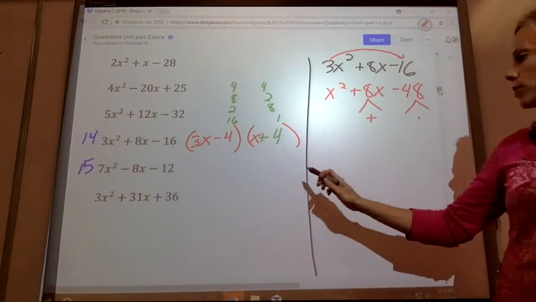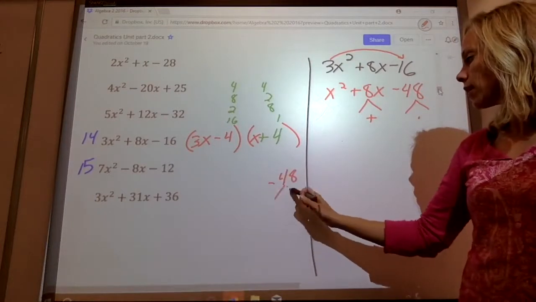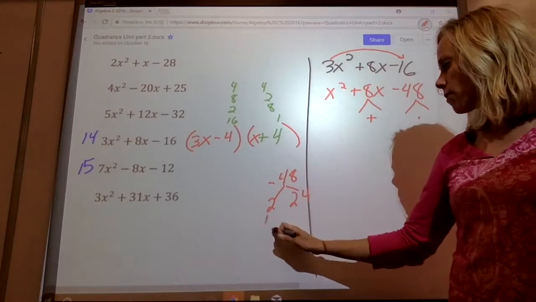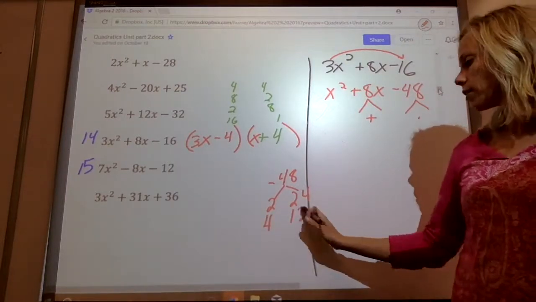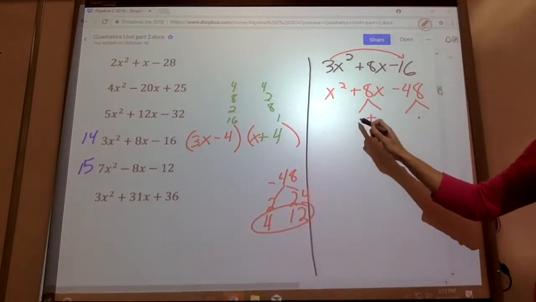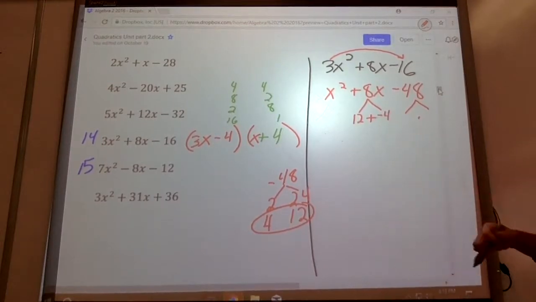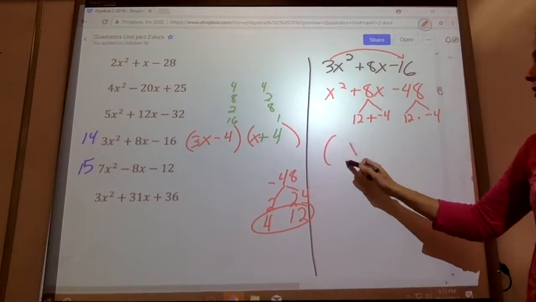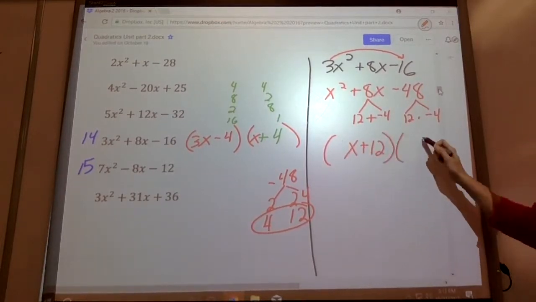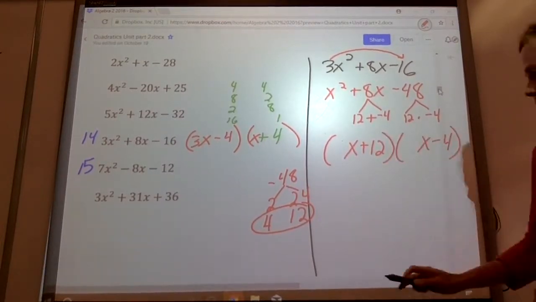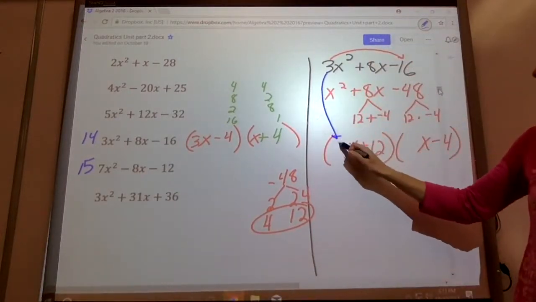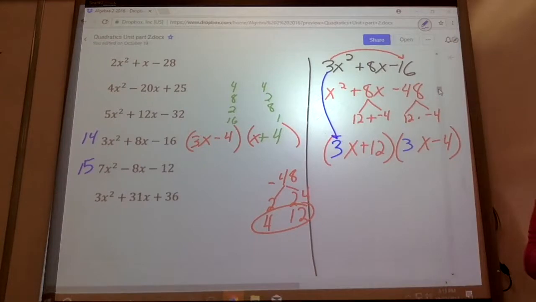So maybe you'd have to use a factor tree and think, okay, 2 and 24, 4 and 12, and there it is, right? 4 and 12, positive 12, negative 4. So I would factor, but if I took the 3 term away, you have to put the 3 term back in.